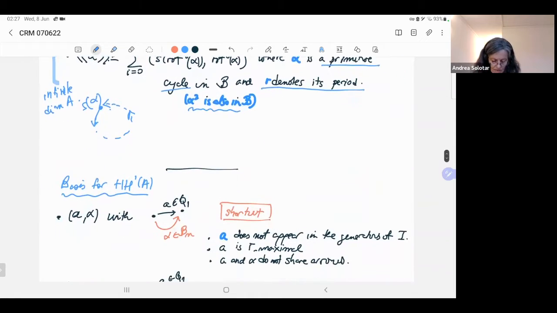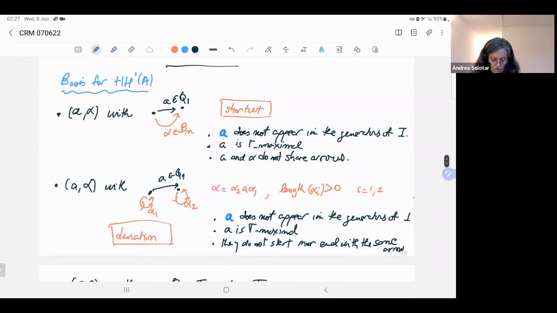And then for the basis of HH1, let me go a little bit faster. We have two kinds of configurations that are called shortcuts and deviations. For the shortcuts, you have an arrow A, which is parallel to a path of some length. The path is not 0. A never appears in the generators of the ideal.